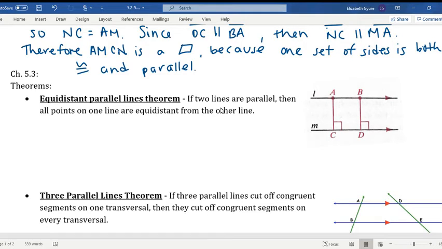It says if two lines are parallel, so in our diagram here we have line L parallel to line M, then all points on one line are equidistant from the other line. Now think about it logically. If two lines are parallel, they're always the same distance apart. So if you pick two points in corresponding places along your lines, they're going to always have to be the same measurement.